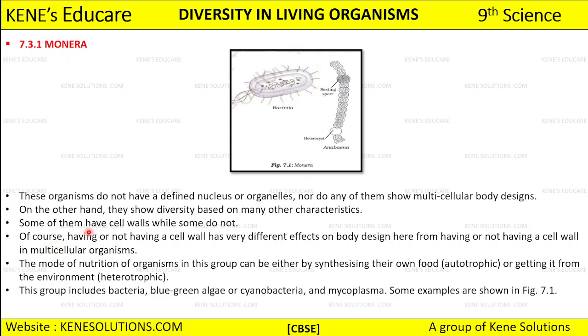Some of them have a cell wall while some do not. So you will come across some organisms under kingdom Monera which are going to have a cell wall. Now I told you that they do not have a well defined nucleus, right?